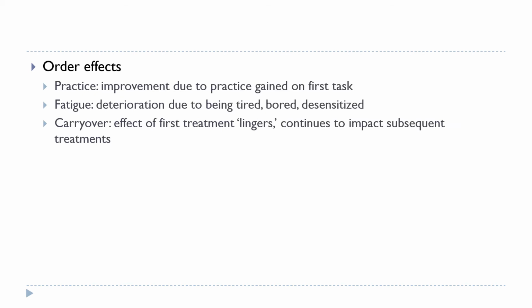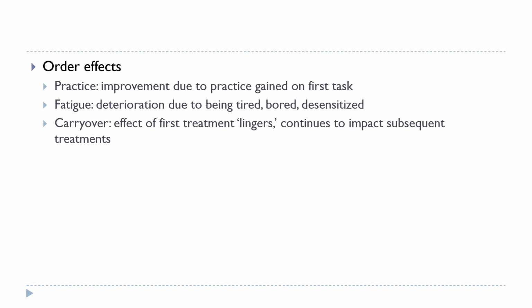One of the other distinct challenges that we can encounter when it comes to within participant designs, keep in mind every participant experiences every condition. So for example, if we had intervention A, intervention B, a control, or drug dosage A, drug dosage B, control, therapy A, therapy B, you kind of get the idea.